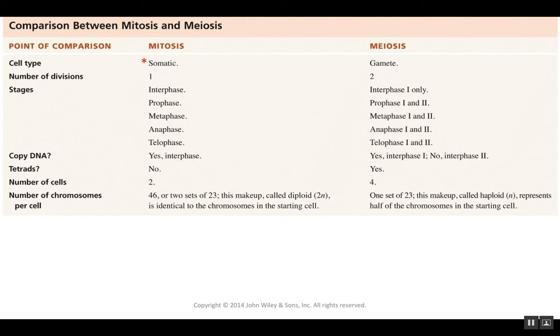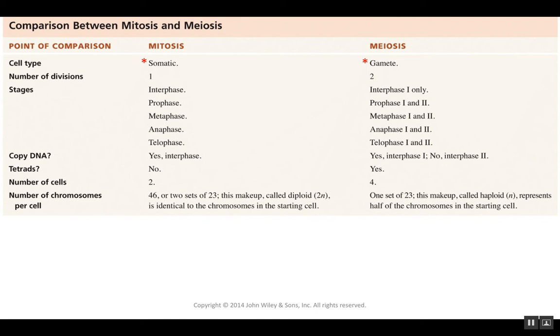Mitosis undergoes one round of division to produce two identical cells, whereas meiosis produces gametes. Gamete is a general name for a sperm or an egg. Those gametes are produced via two rounds of division. So you start with a single cell, you divide into two, and then those two divide into four.